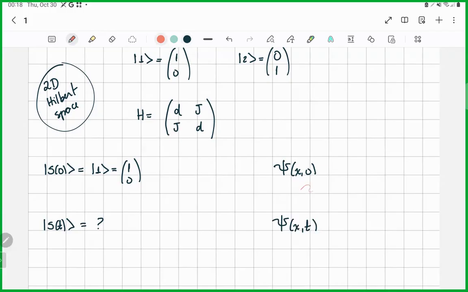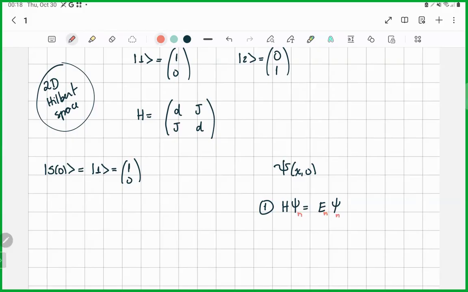So the recipe that we used there will be the same recipe to be used here. And what was this recipe? Let's remind ourselves. Well, first step, we had to solve the time-independent Schrödinger equation. We had to solve this equation to obtain all of the eigenvalues and eigenfunctions of this problem.